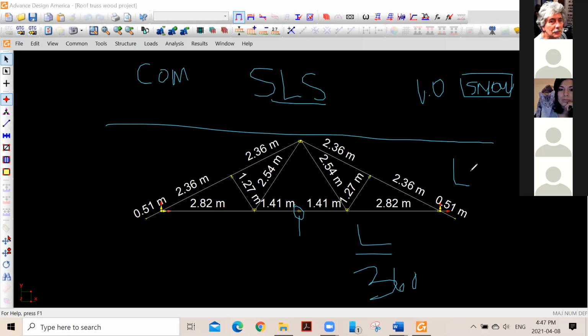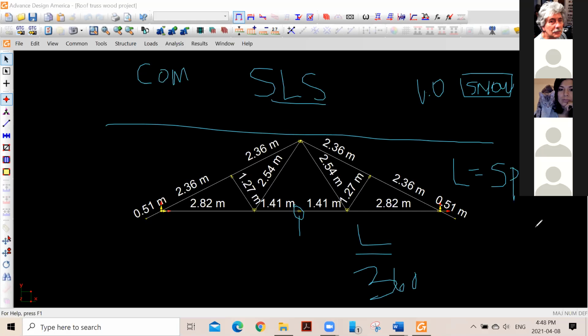L stands for span. That's what L stands for, the span. Tell me in your own words what the span is. In my words, it's length, like an equivalent of length. No, don't worry, Rena. Don't worry if you don't. Just tell me in your own words what is span.